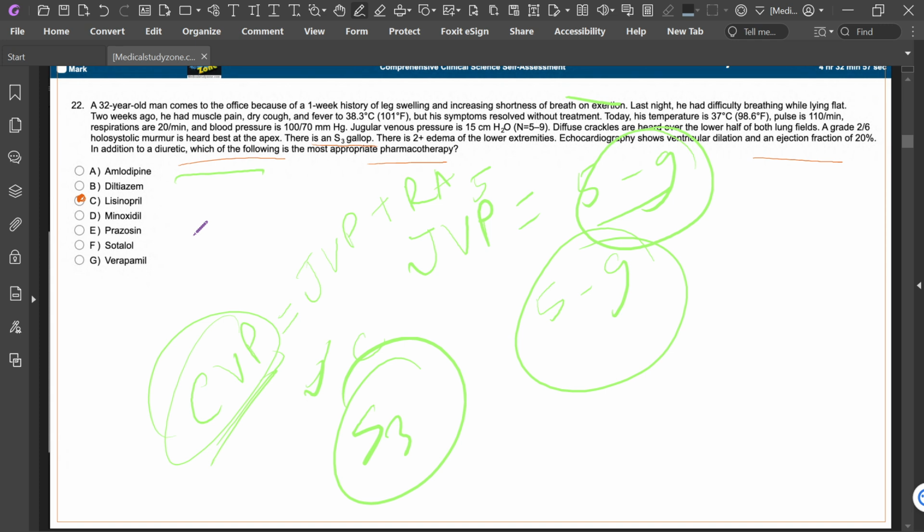Medications that reduce mortality in heart failure are beta blockers, renin-angiotensin-aldosterone inhibitors, ACE inhibitors, ARBs, and aldosterone antagonists. Of the choices listed, low-dose lisinopril, an ACE inhibitor, would be the most appropriate to decrease cardiac remodeling and thus reduce mortality in this patient.